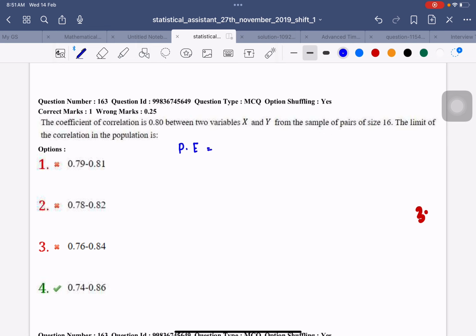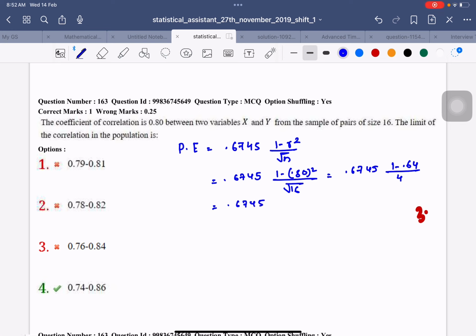Probable error निकालना होता है, which is 0.6745 into (1 minus r square) by root n. और next हमें इनकी वैल्यूज substitute कर देनी है, which is 1 minus 0.80 square and here it is under root 16.